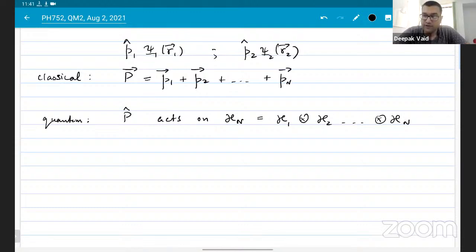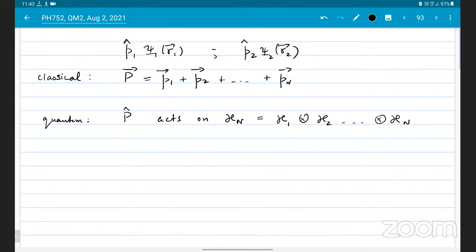Are you guys following any of this, or have you completely forgotten everything about tensor products? Just be honest with me so I can understand where you stand. I understood so far. I mean, I don't have any confusion.